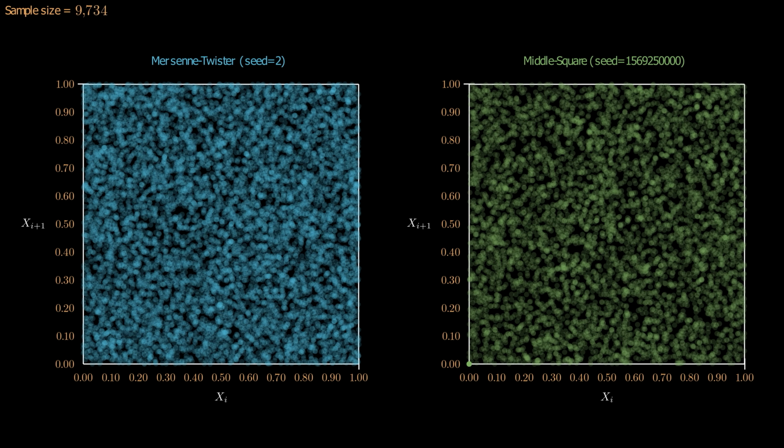The one on the right seems frozen. Once again, there's one dot in the right plot that is brighter than the other ones. It's the one at the 0, 0 coordinate, indicating that most of the points went to that coordinate. Let's have a closer look to see where the middle square algorithm went off the rails this time around.